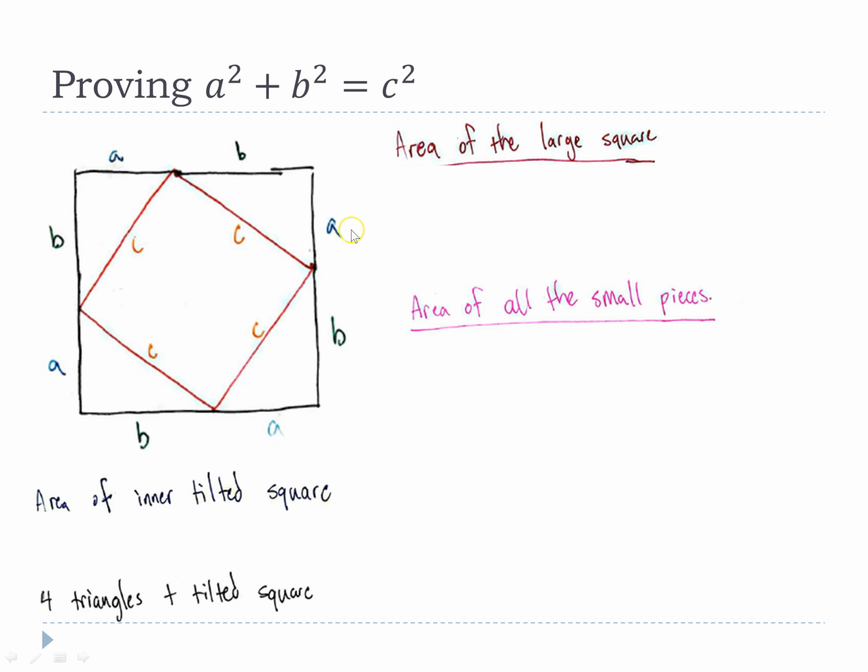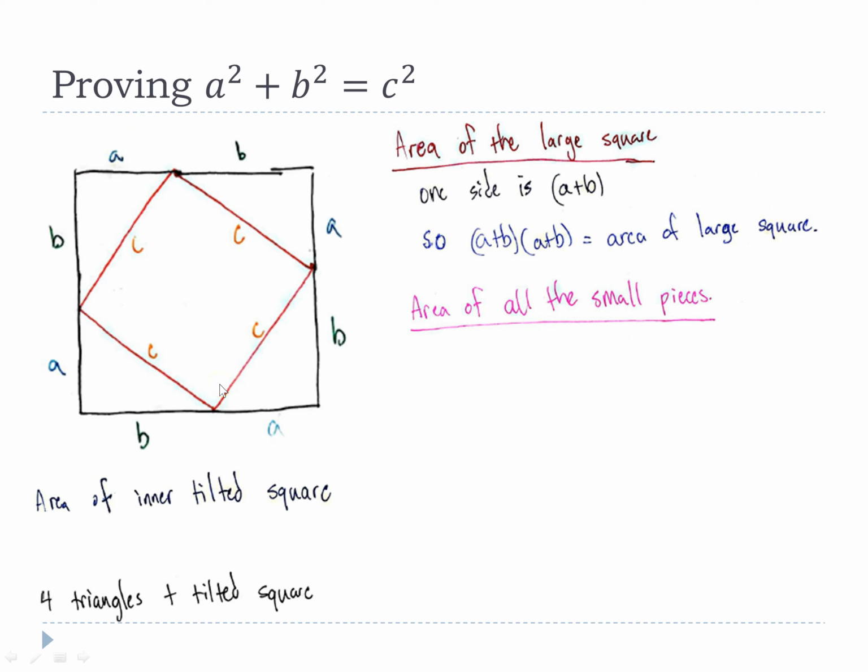So to find the area of the large square, I'm going to multiply those outside sides together. A plus B times A plus B is equal to the area of the large square.